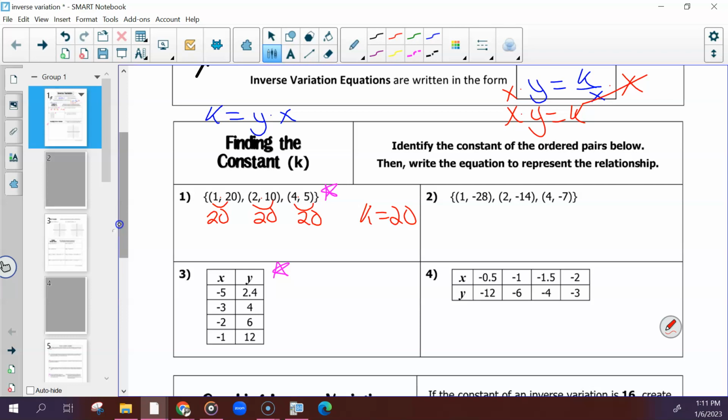And once you have your k value, you can put it into your inverse variation equation, y equals 20 over x. Questions on that?